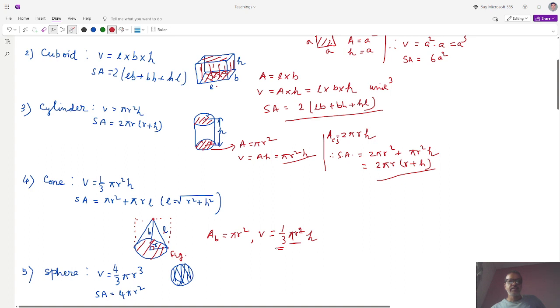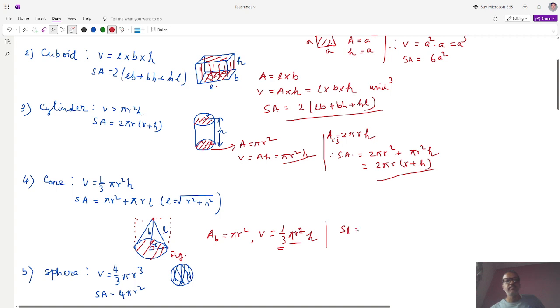At this stage, I do not explain how this fraction comes in the volume of a cone. Okay, now the surface area, it is also something different from other objects.